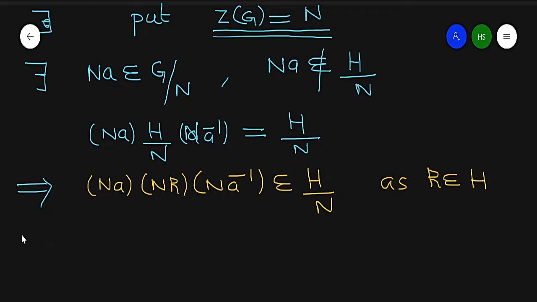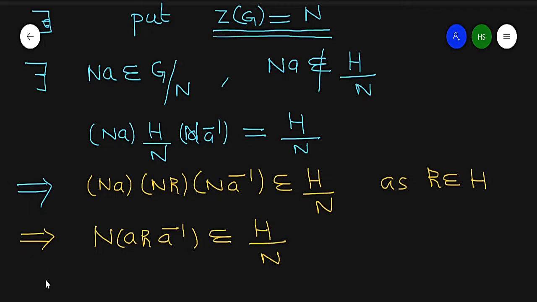So it means if this set is equal to these values, then this element belongs to this set. So it implies, by taking the product property of right coset, this will become N A H A inverse. This belongs to the quotient group H by N. From this, it means this element belongs to H. So remember that.